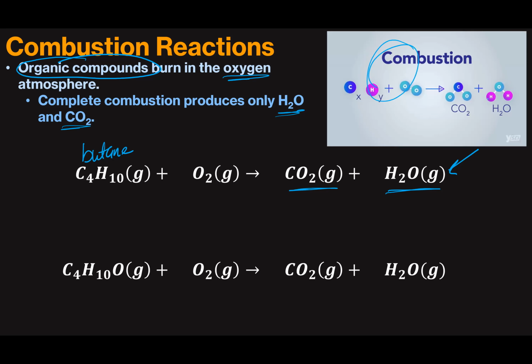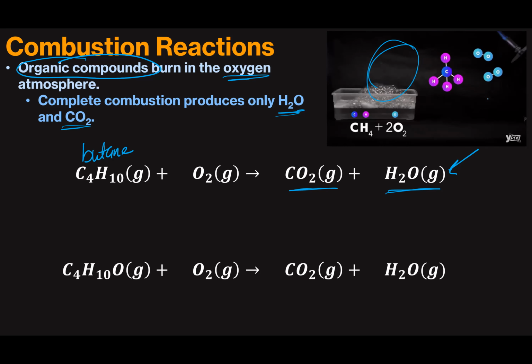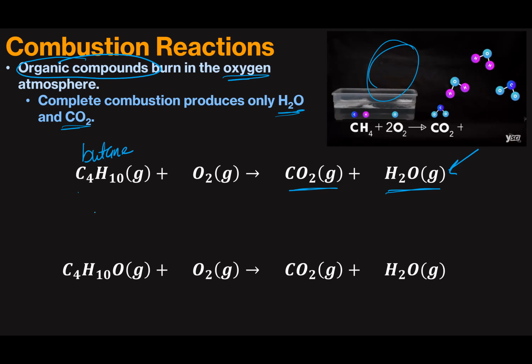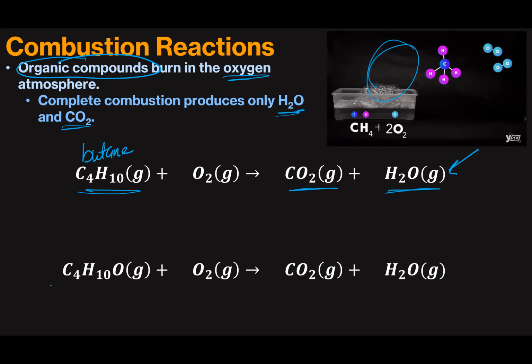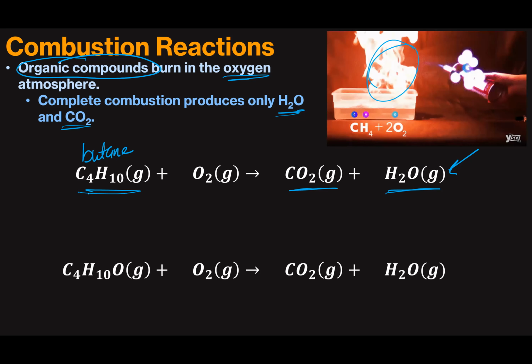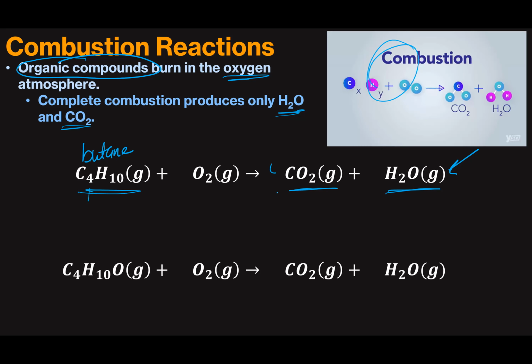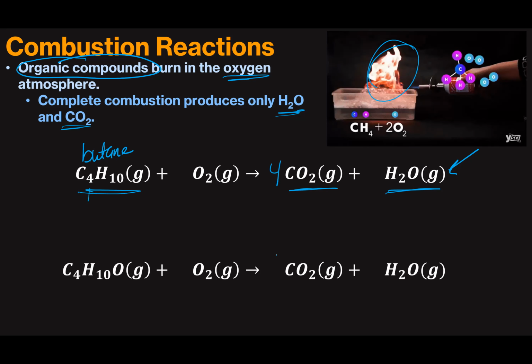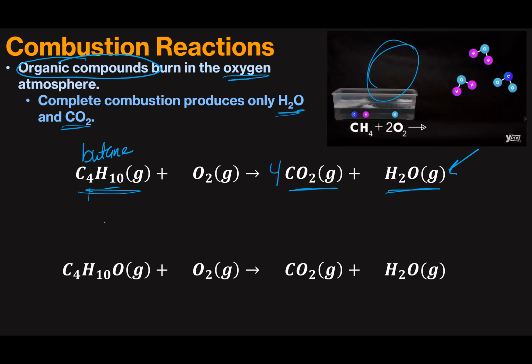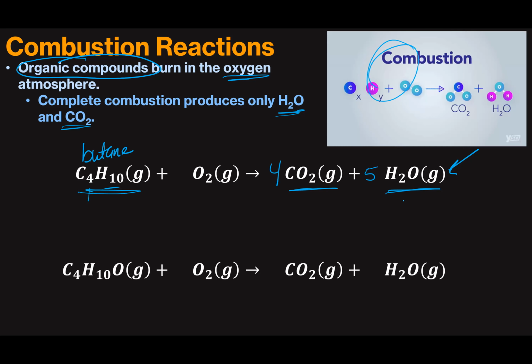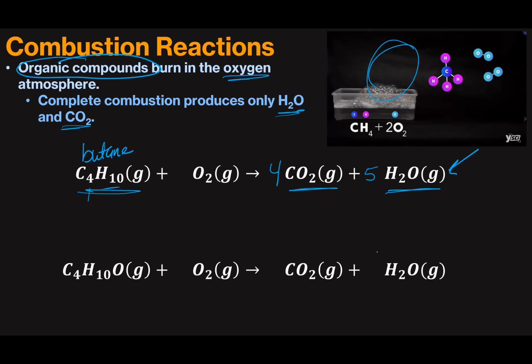We want to follow our same ideas when balancing. We start with the butane because that's where our biggest subscripts are. We have 4 carbons, so we put a 4 here. We have 10 hydrogens, so we put a 5 here because now we'll have 10 hydrogens.